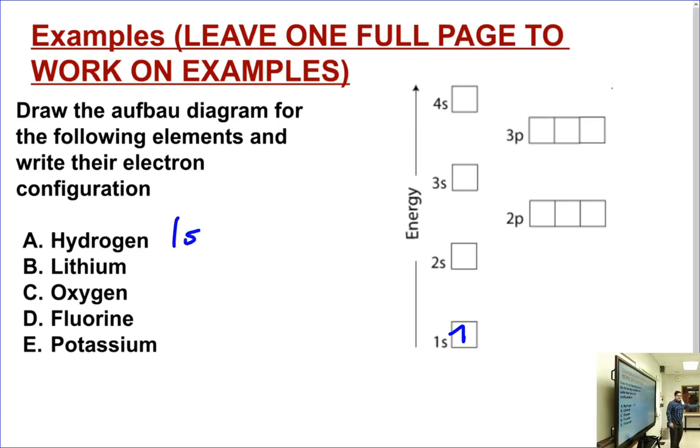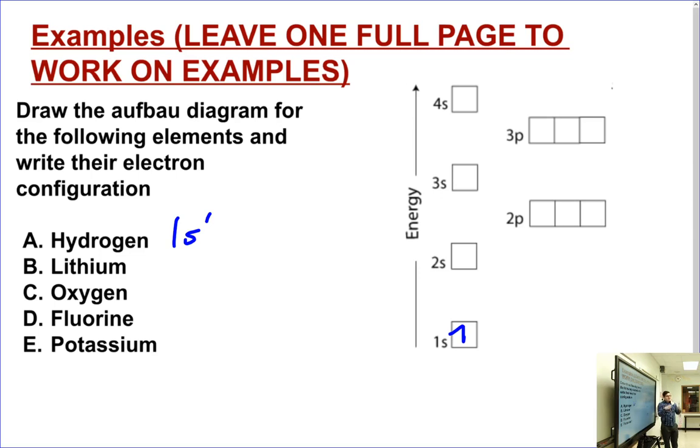So in the first shell, we're in the s orbital. And how many electrons are there? 1. That's the electron notation for hydrogen. Oh, because it's in the first shell. So it's only 1. It's in the s orbital, and there's only 1 electron there. What does the s stand for? The type of orbital, the shape it makes. But we don't worry about that too much.